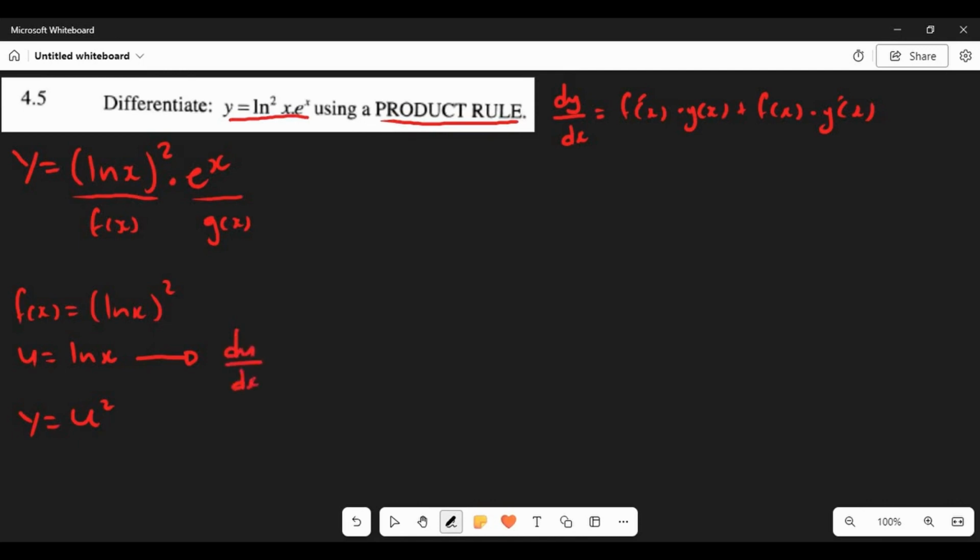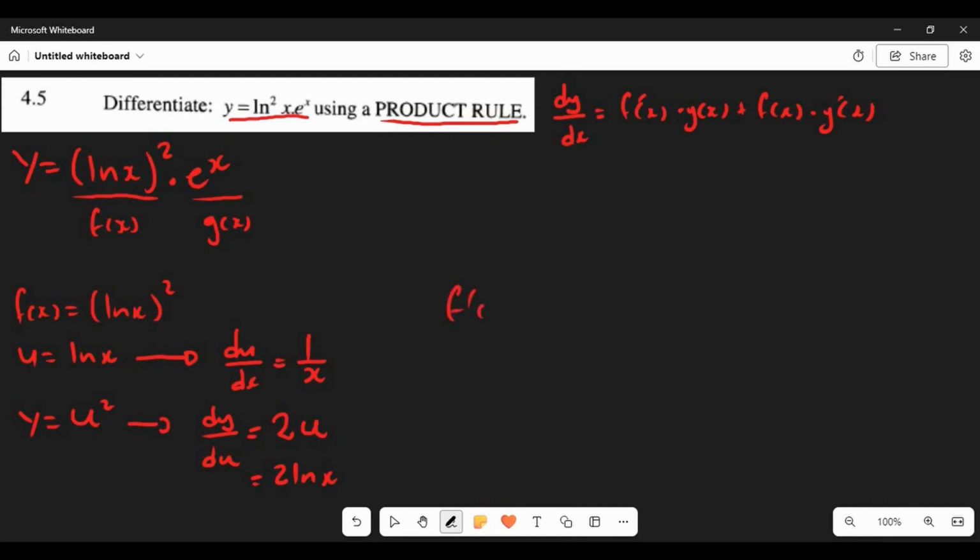When you say du over dx, this is going to give us 1 over x. And when you differentiate dy over du, by the way, this is the power rule, it's going to give us 2 and then u. Let us not forget that we have 2, but what is u? u is actually natural log x.